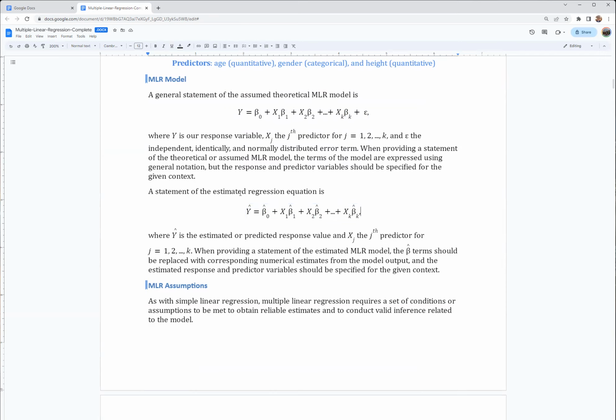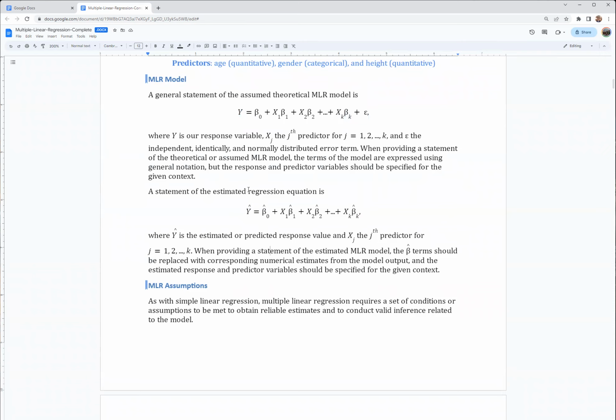And then in the estimated model, it's important to note that we drop the residual term, the epsilon term here, and then we have a hat on the y because this is now our predicted response value, whereas just plain old y is the observed response variable value. Okay.